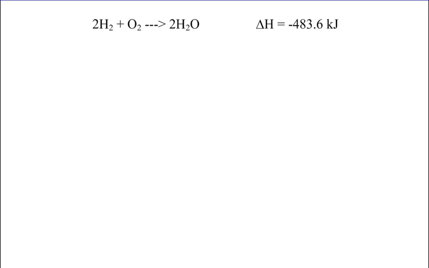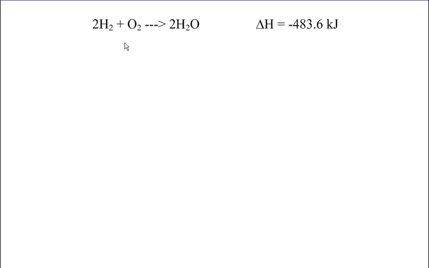So to see this in action, let's consider the reaction between hydrogen and oxygen to produce water. It's a very spontaneous reaction and happens very quickly. If we know the delta H of the reaction, and it's negative 483.6 kilojoules per mole, what would we predict delta S to be?